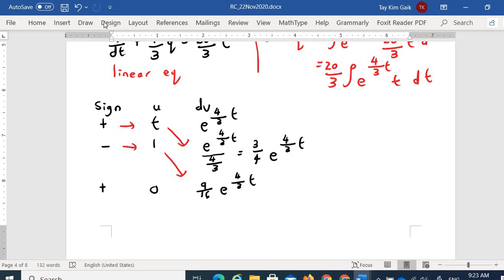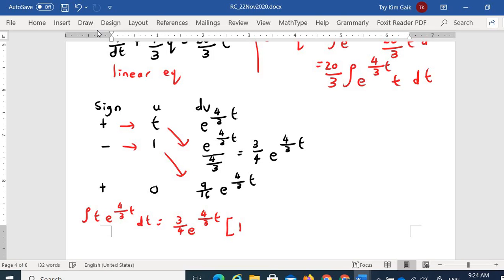Put it here. This one, integrate t e^(4/3 t) dt. The result follows the arrow: positive, times t, times this one, 3/4 e^(4/3 t) multiplied by t.